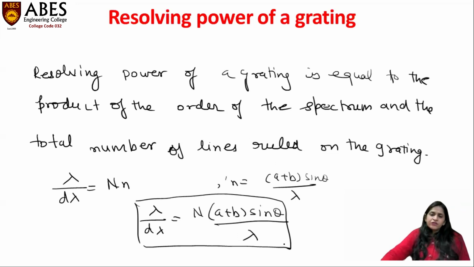Now we are mathematically able to derive the expression for the resolving power of a grating. That resolution you have seen in the lab. If somebody asks you for the theoretical expression, you can easily derive it and say that lambda upon d lambda depends on the number of lines and the order of the spectrum. Okay, students?